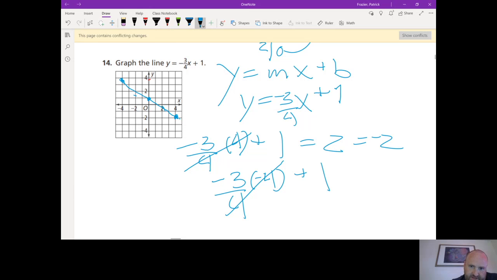The 4s are going to cancel out, and then it's a negative times a negative, so it's going to be 3 plus 1, which equals 4, y equals 4.